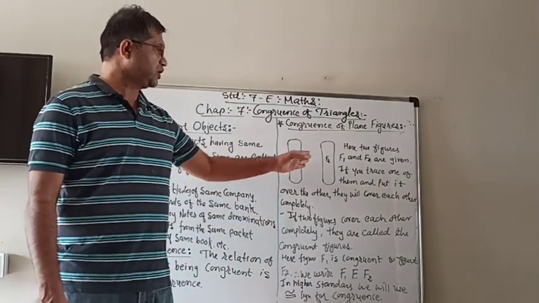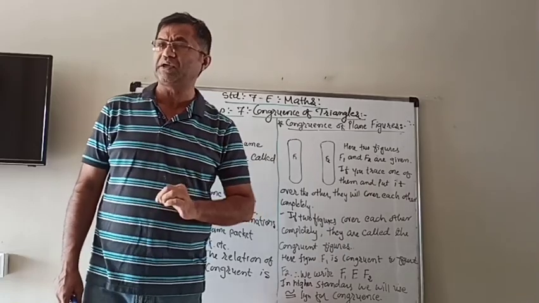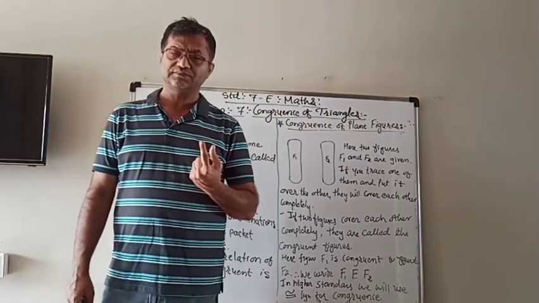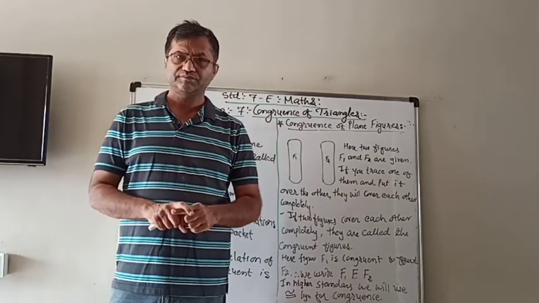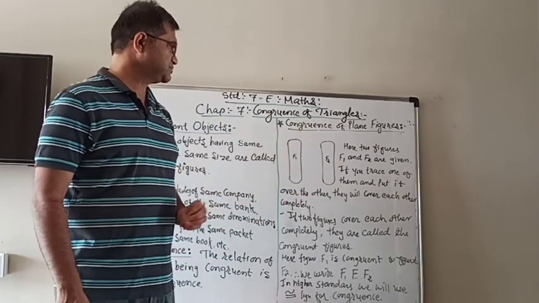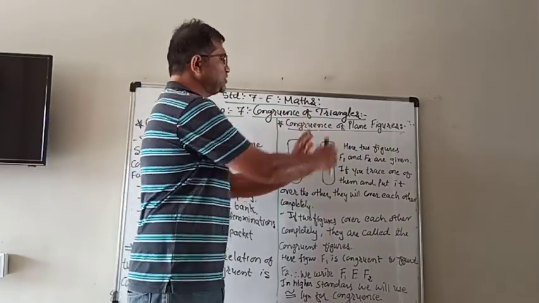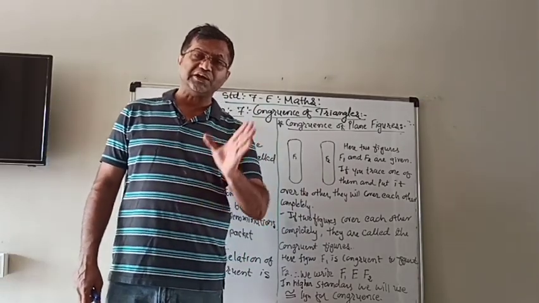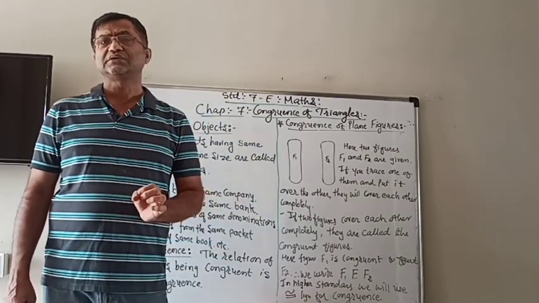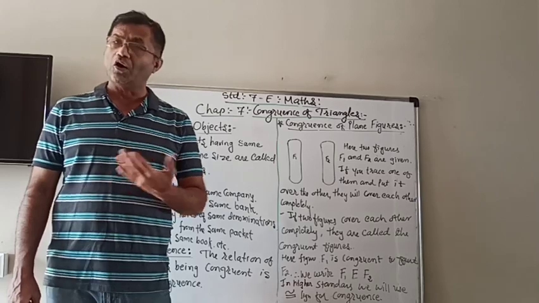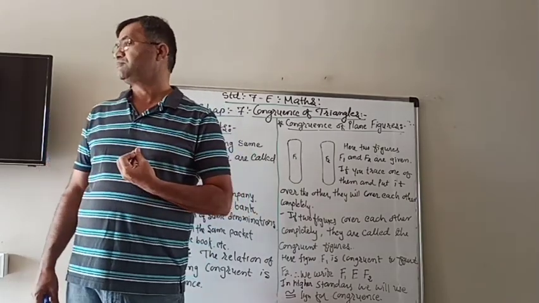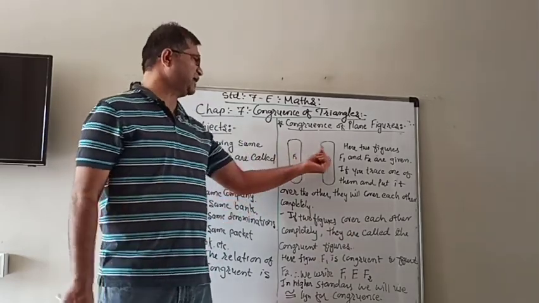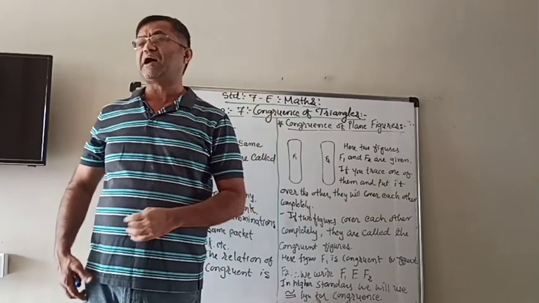Here I draw two figures, figure F1 and figure F2. Now if I trace one of the figures with tracing paper and exactly put it on the other one, then I will see that it completely covers the other one. Or I can do another thing also: I can cut out both the shapes F1 and F2 and again use the idea of superposition.